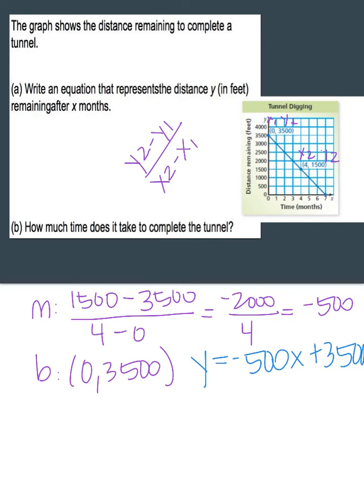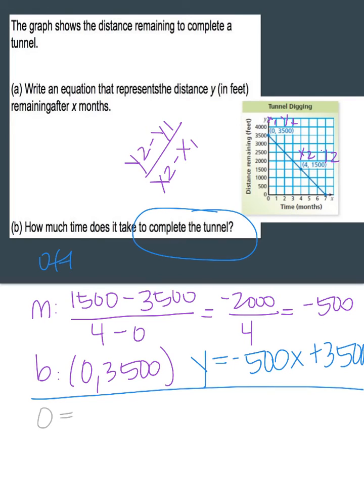Then it says, how much time does it take to complete the tunnel? Well, if I know that the tunnel is complete, I know that there is 0 feet left to make. So I'm going to take this equation and plug in 0 for y and solve for x. So 0 equals negative 500x plus 3,500.